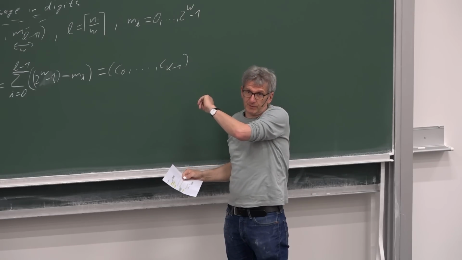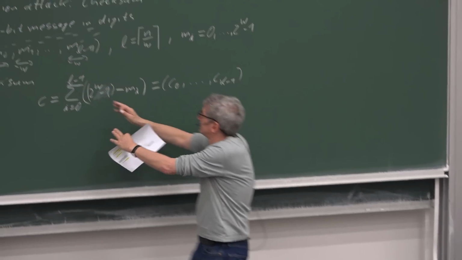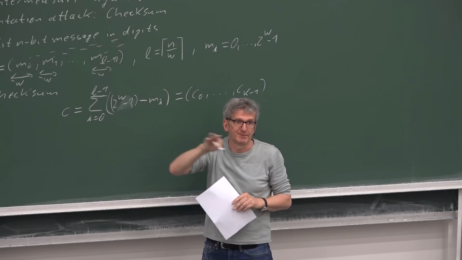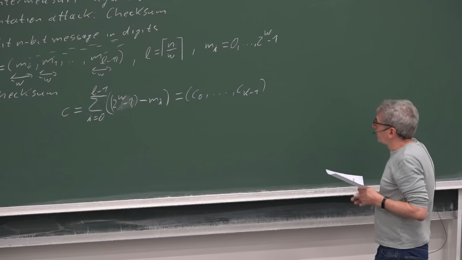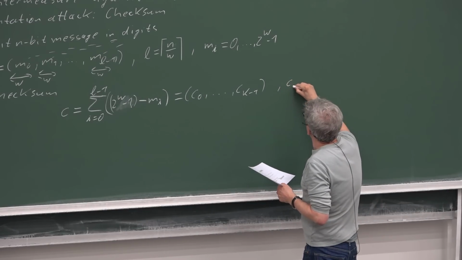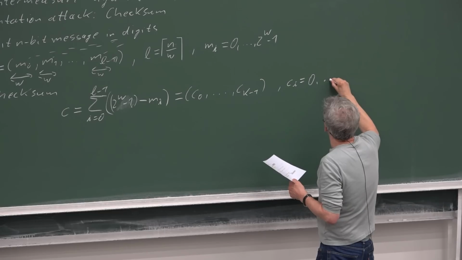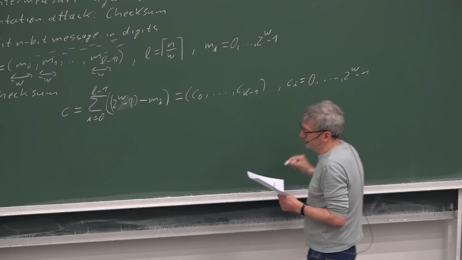K is quite small, right? Even for very large L's here, this is by no means the length of L. This is small because you're just adding them up, okay? Where again, each of the Ci here can take values from 0 up to 2 to the W minus 1.